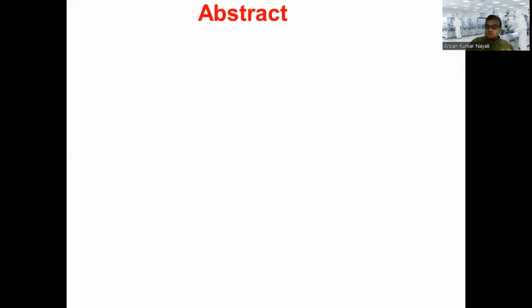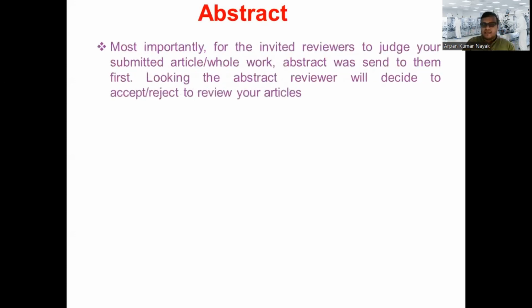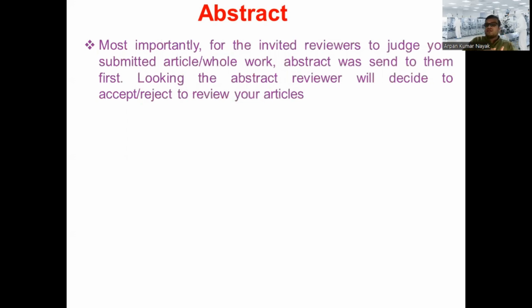Now when you submit your article, the editor will send your submitted scientific article to the reviewers. So you have to know that when your work is assigned to any reviewer, the reviewer can't see your whole manuscript from the beginning.